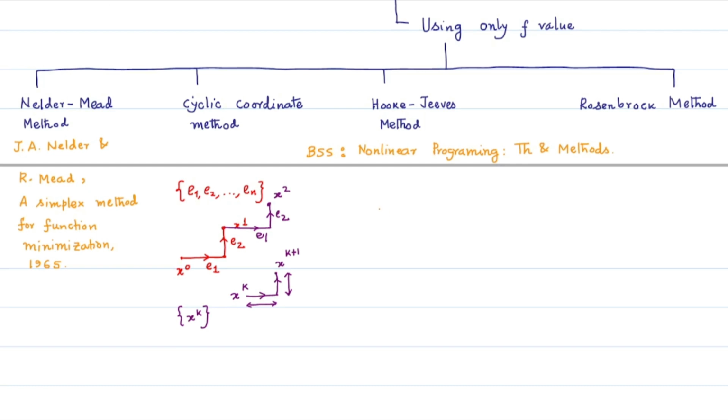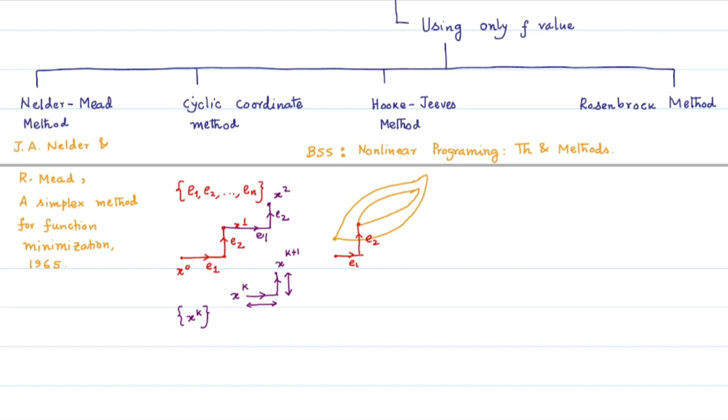We notice that if we apply the cyclic coordinate method for a function whose level curves are, let's suppose, of this type, so that they have some sharp edged valley. Let's suppose we have some sharp edge like this point on the level curve of the function. In the cyclic coordinate method, it may so happen that in visiting the directions of the axis, we may reach a sharp edge of the level curve of the function.